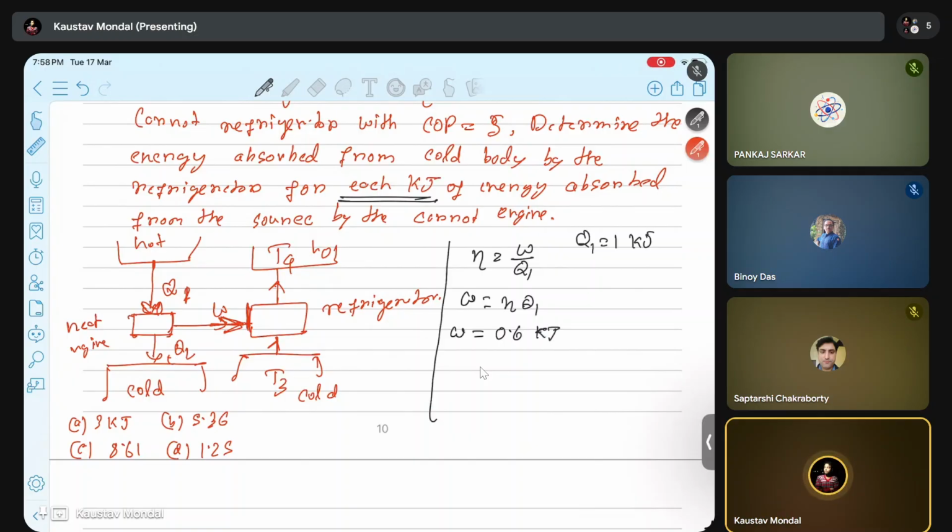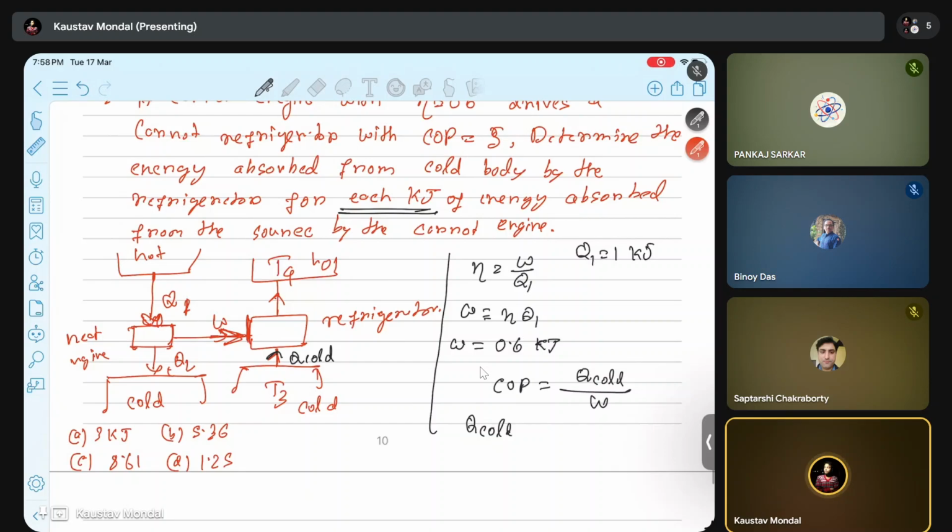Now this same W is used in the refrigerator. For the refrigerator, the coefficient of performance, COP, is defined as Q cold by W. This Q cold, the energy absorbed from the cold body, is what you have to calculate.